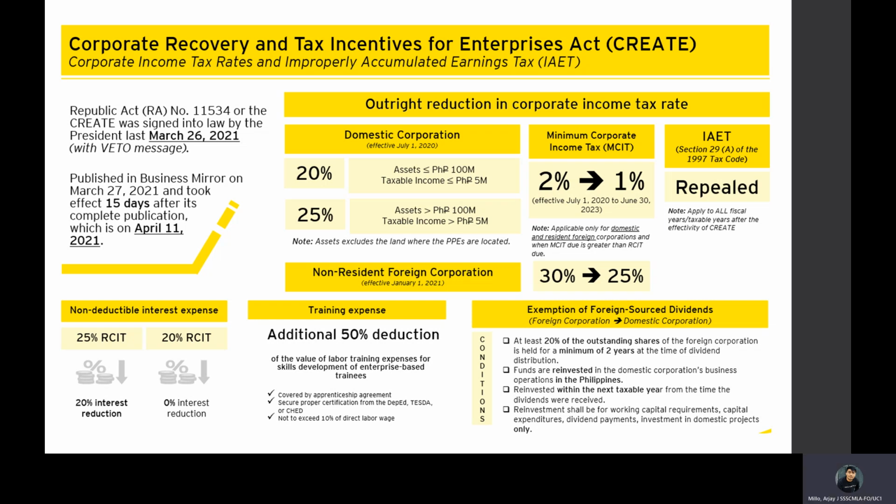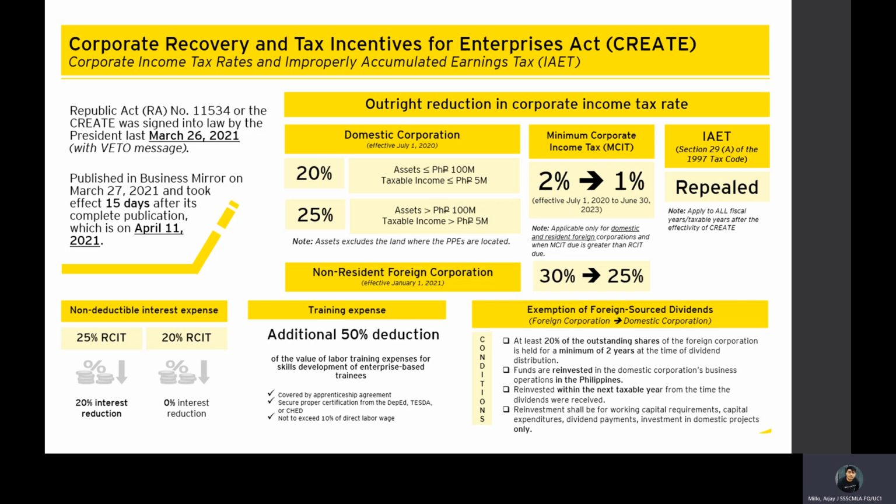Another thing na need nating i-highlight dun sa effectivity ng CREATE, yung IAET o yung Improperly Accumulated Earnings Tax is repealed. So it's no longer applicable. So hindi na need mag-compute nung Improperly Accumulated Earnings Tax. So na-repeal na yan ni CREATE.